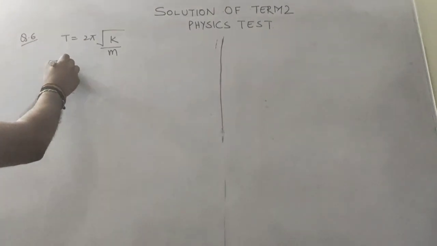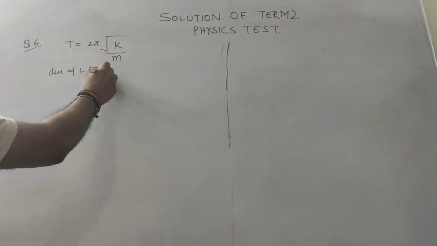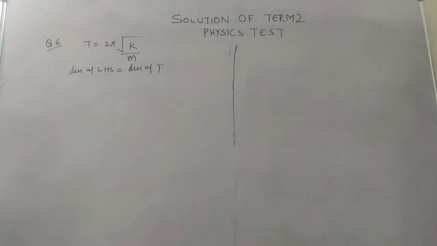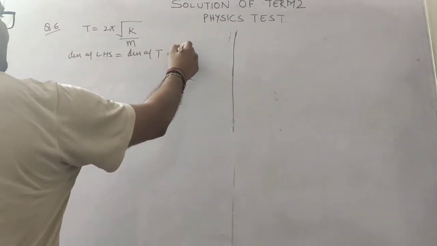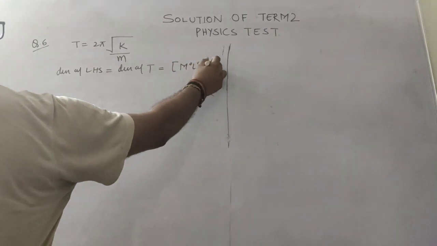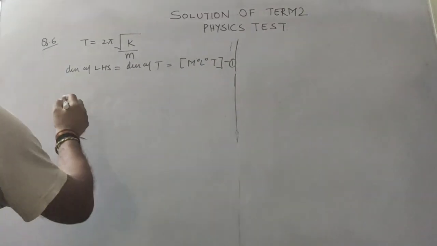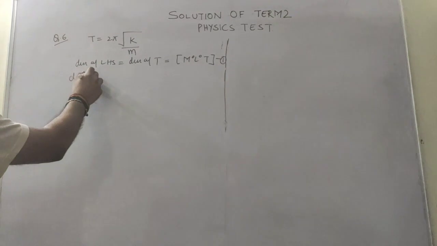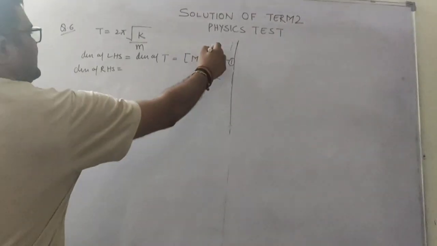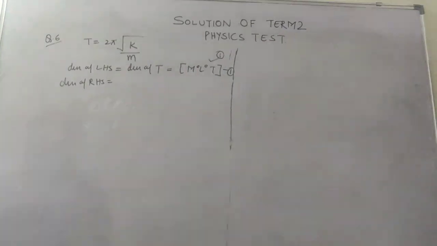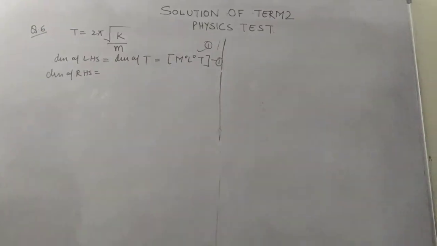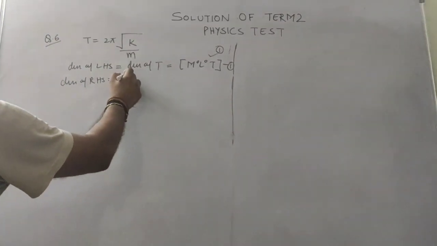So dimension of left hand side, I am considering it as time period. So time period is M⁰L⁰T¹. This is equation number 1. Now dimension of right hand side. Up to this I have given 1 mark if you have done this. 2π is a constant, we will ignore this. k is force per unit length.